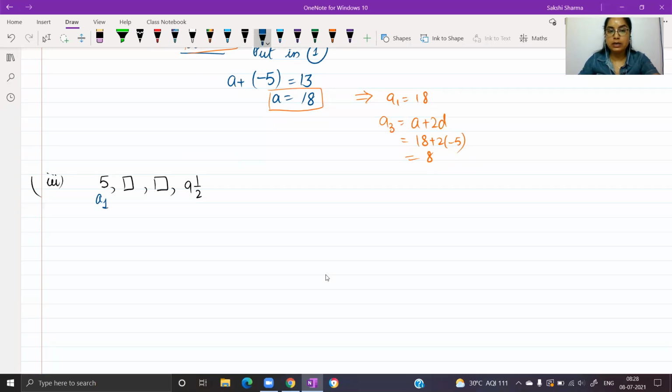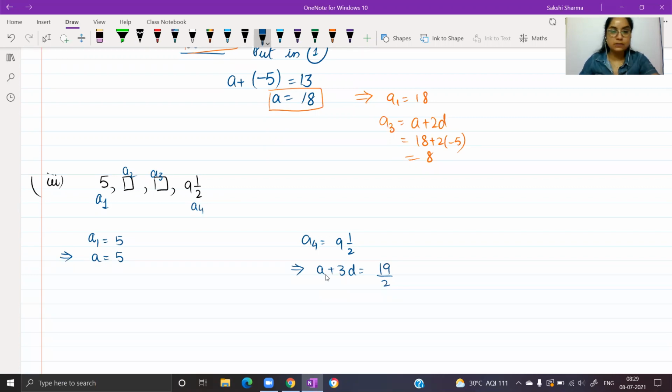This is A1, A2 is missing, A3 is missing, this is A4. A1 equals 5 simply means the value of A is 5 and A4 is given as 9.5. This means A plus 3D equals 19/2.